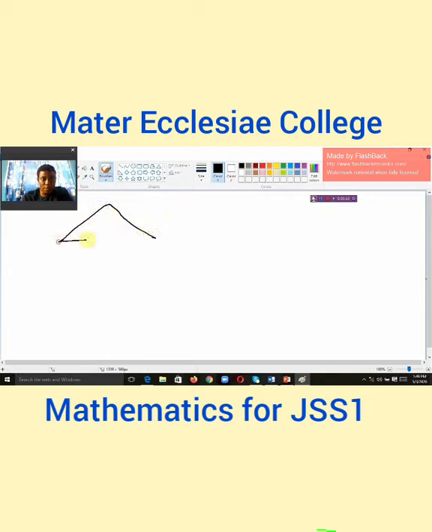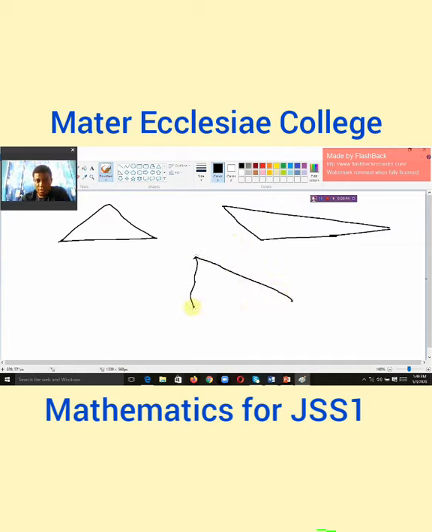Don't mind my triangle. Sorry for my triangle, please. Just get the concept. Sorry that the line is not straight.